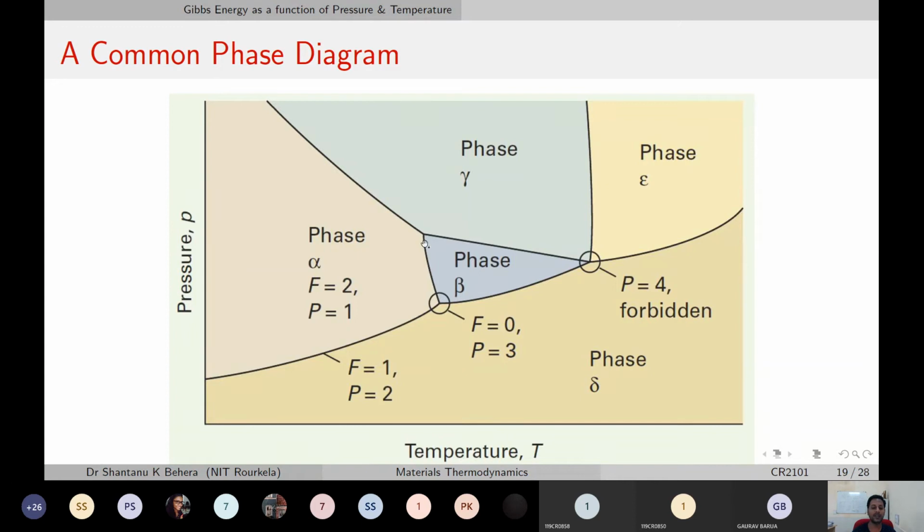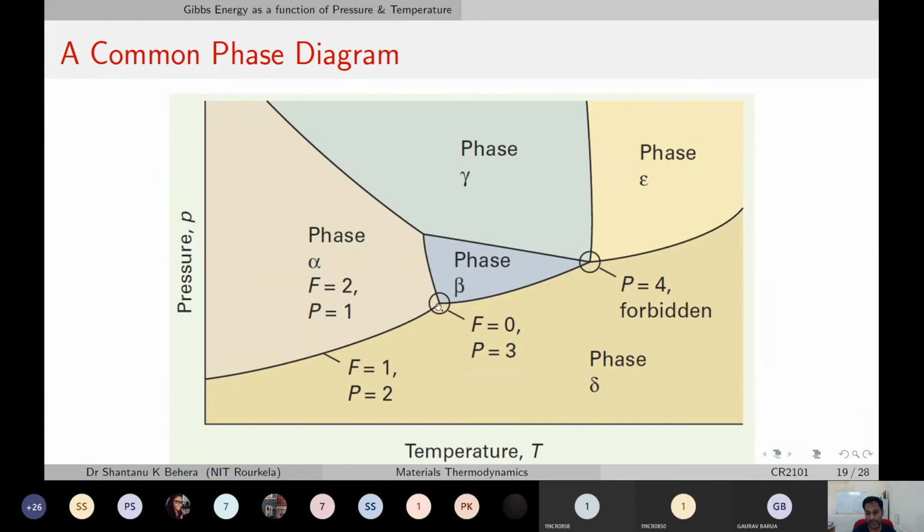We are just left with these 3 points. This point is in contact with 3 different phases. This is the delta phase, this is the beta phase, and this is the alpha phase.